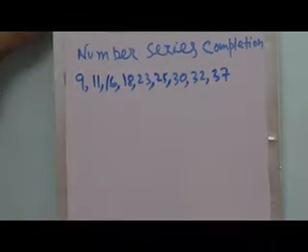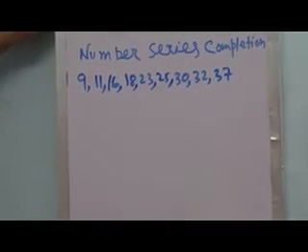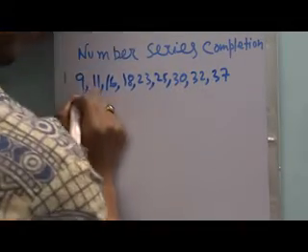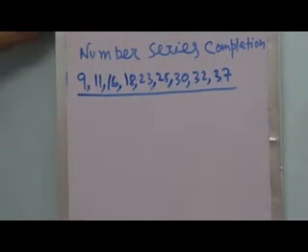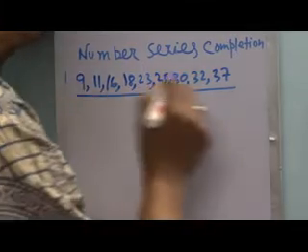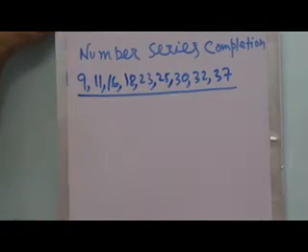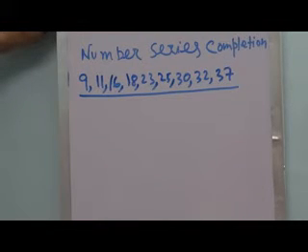This is actually not the number series completion. This is about finding the odd one out. That is, in this number series one particular number is wrong. We have to find that particular wrong one. So how could we derive?